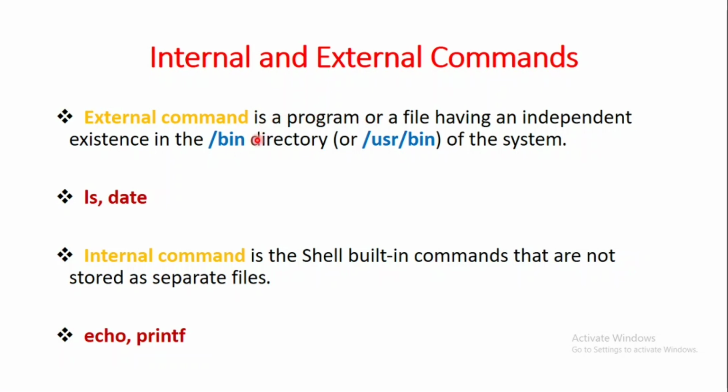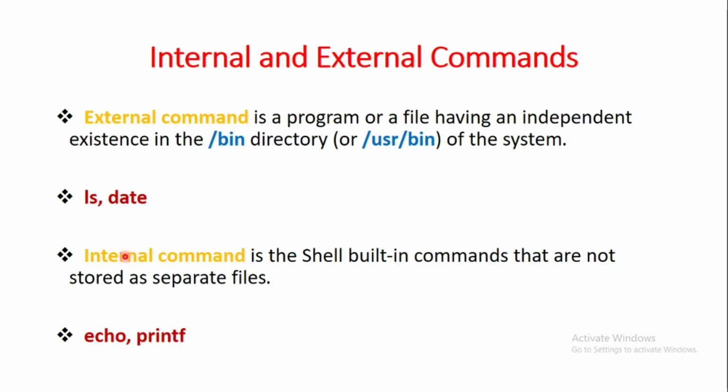If an external command is not found here, it can be found under the root directory, in the usr directory, under which there is a bin directory, and inside which you may find the executable files of the external commands. Examples are ls and date. We'll get a clear idea once we look into the example.